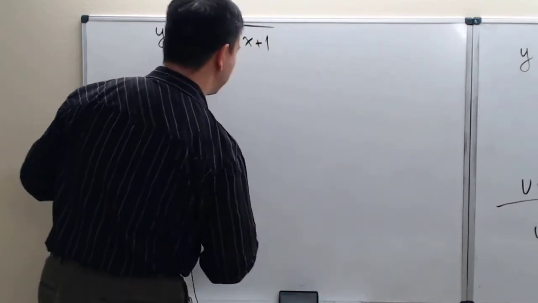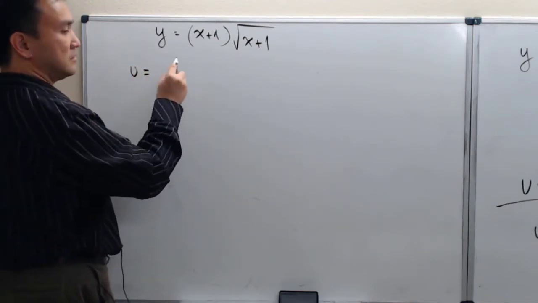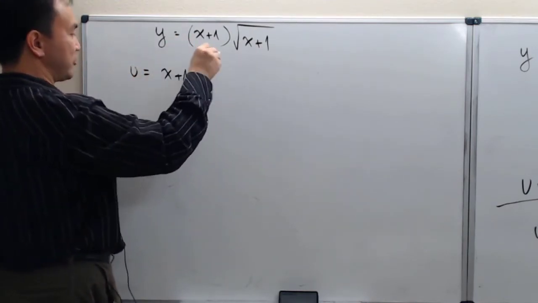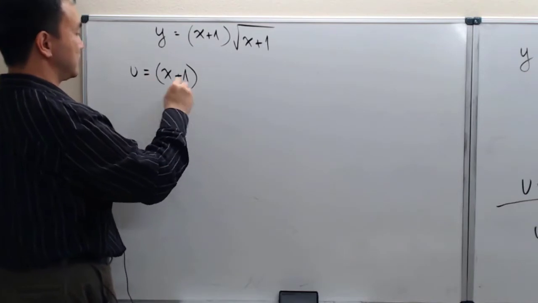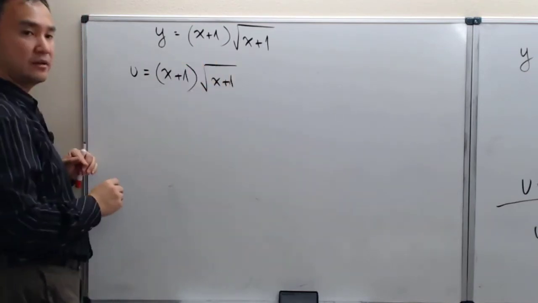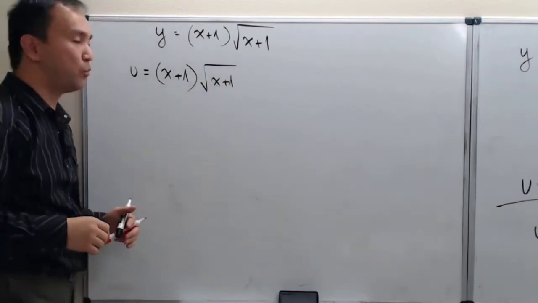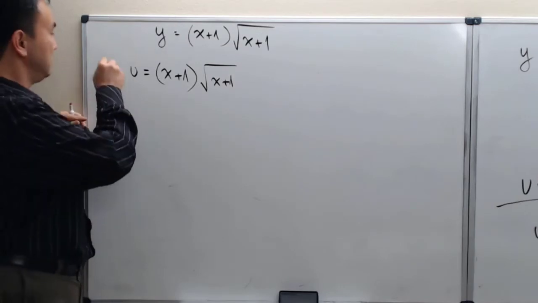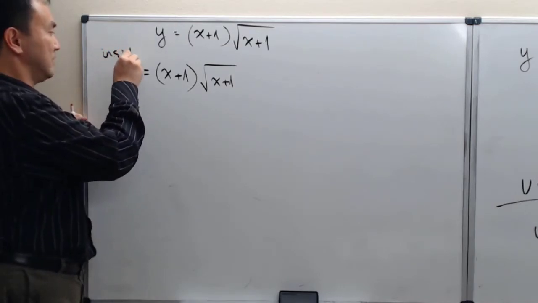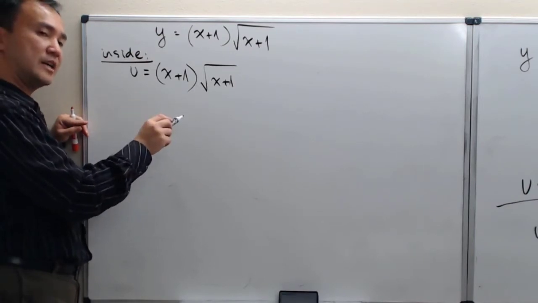And we can also choose u to be x plus 1, the whole function itself, to be a variable u. So x plus 1 times the square root of x plus 1 right here. If we choose that extreme, take the whole package and put that into one variable, and we call this the inside. Again, as I said, there is no such thing as a right or wrong inside function.